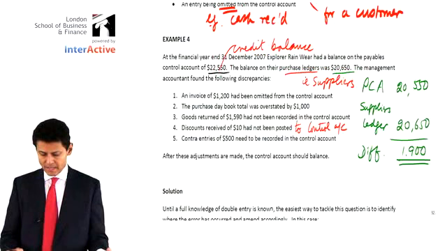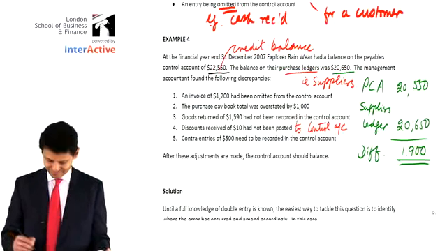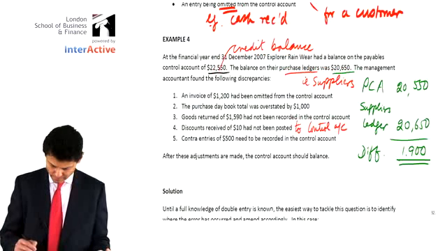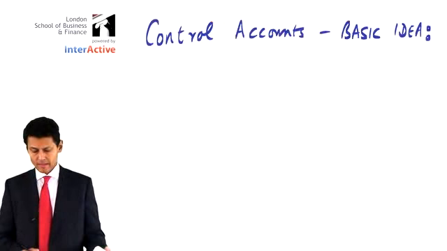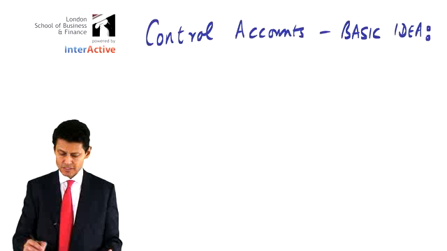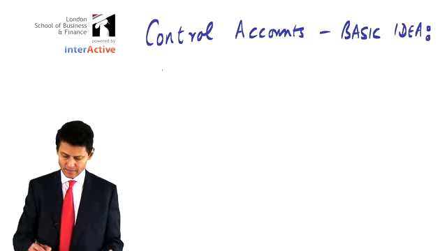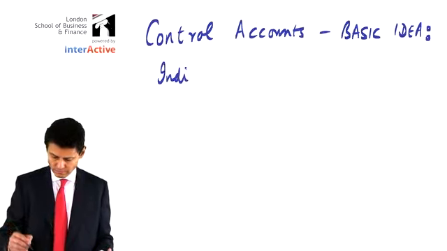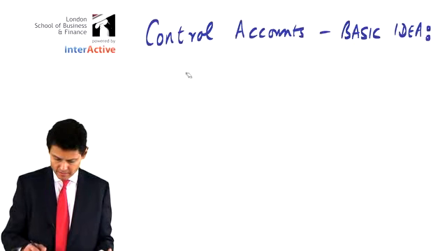After these adjustments are made, the control account should balance. Let's see if it does. So the basic idea, of course, is the individual might just write in a slightly different style.